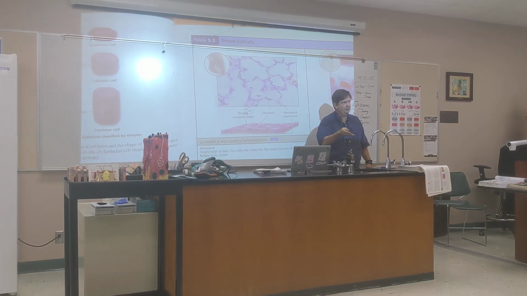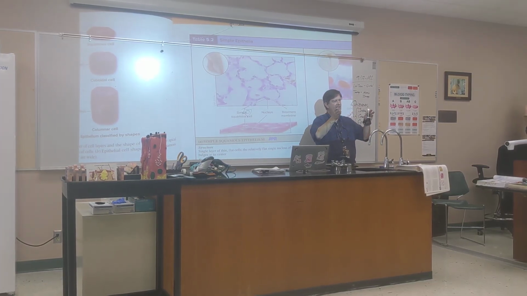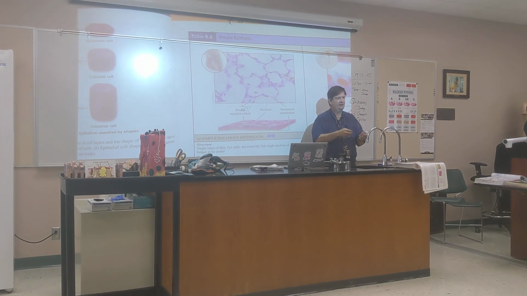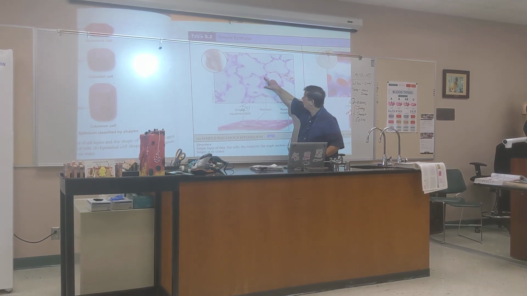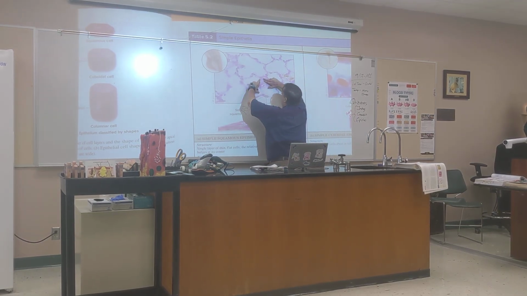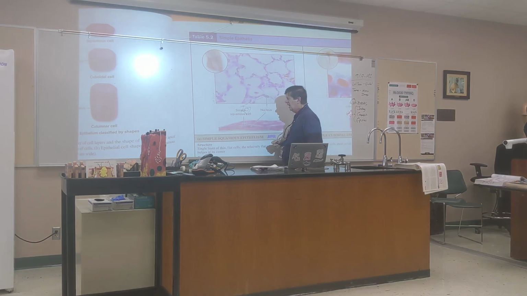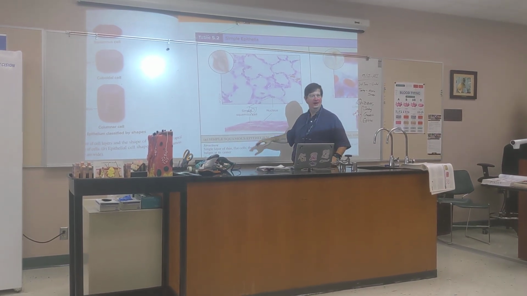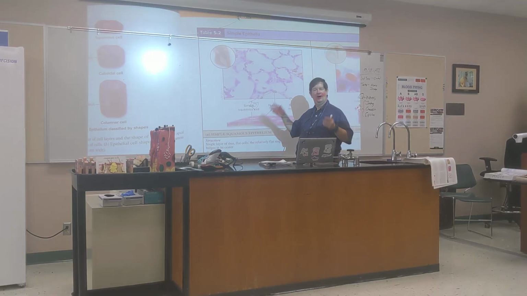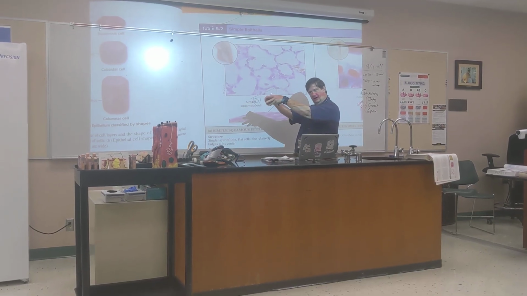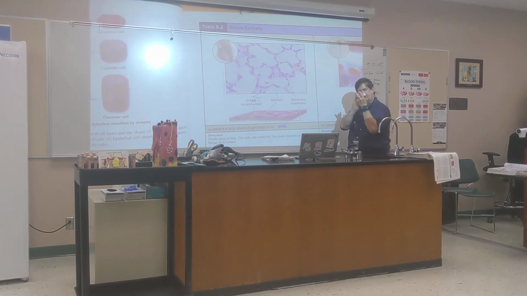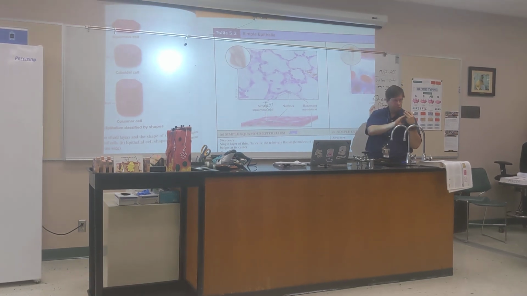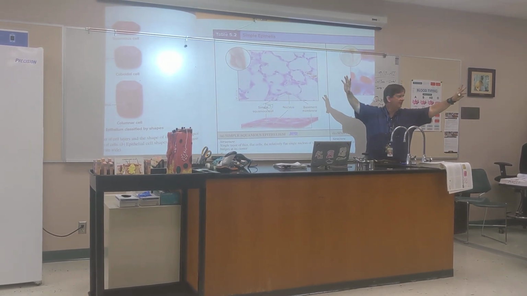One flat, simple squamous cell makes the wall of the alveoli, the air sacs, and another one makes the wall of the capillary. So you have 2 right there. If you're only two very tiny flat cells wide, it's easy for oxygen to go from the air to the blood, and for blood to send the carbon dioxide back to the air, so we can breathe it out. Does that make sense, y'all?